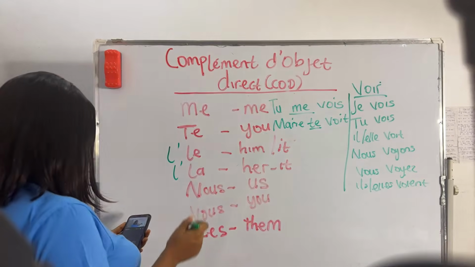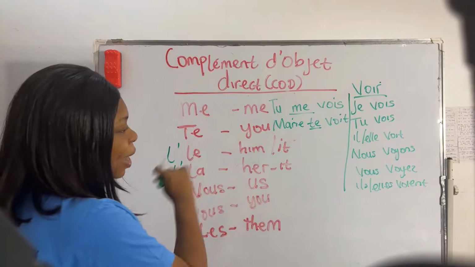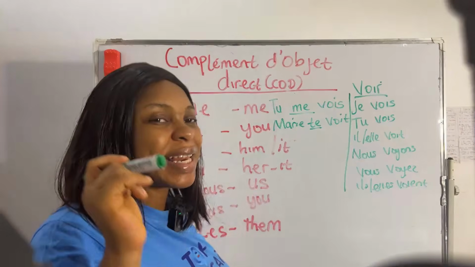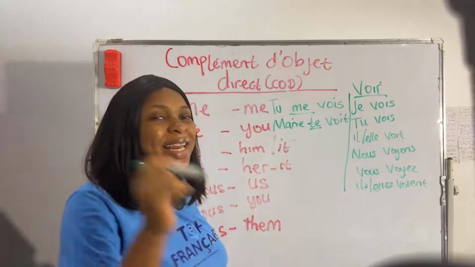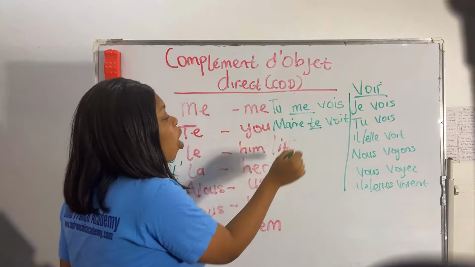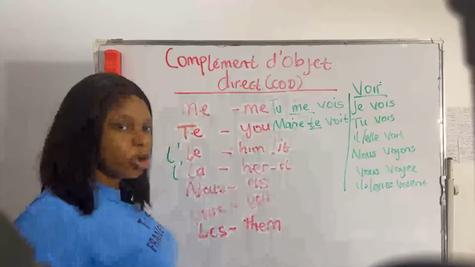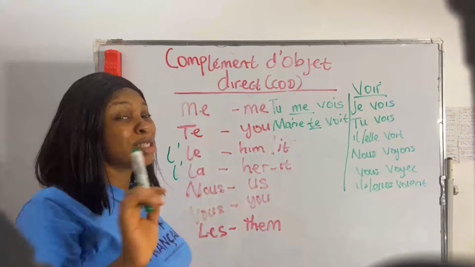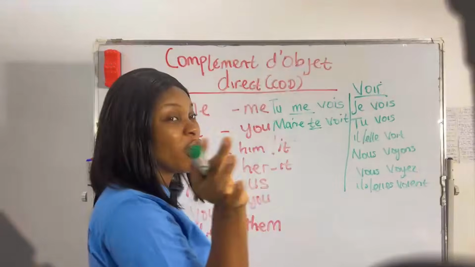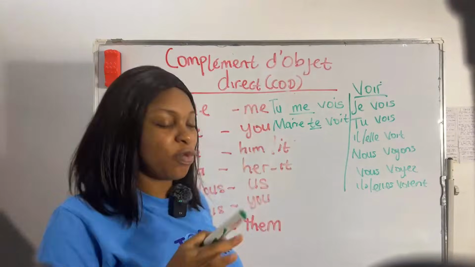So now let's go to the next one. We want to say, now let's use "we". We are seeing him or we are seeing it. Don't forget, "le" is how you say him or it in COD. Le, don't mix it up. I know you've done articles before, and "le" is the in French for masculine words, and "la" is the in French for feminine words.